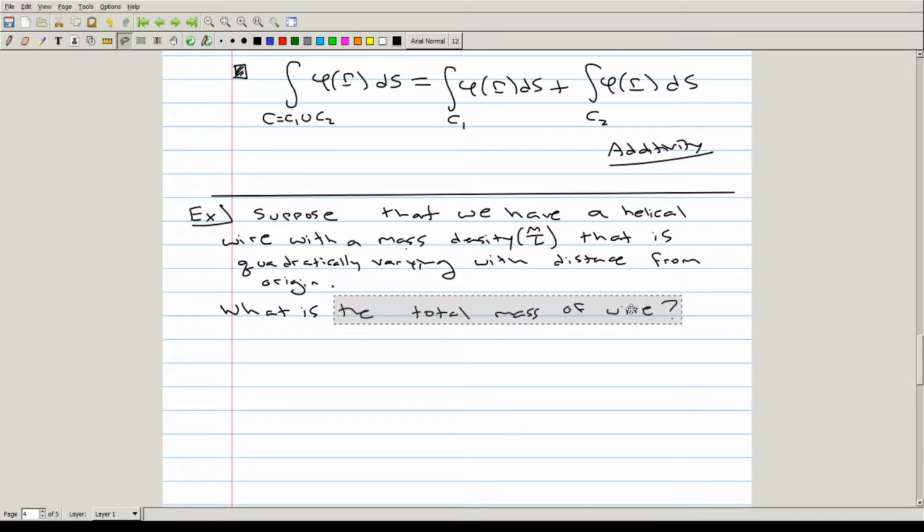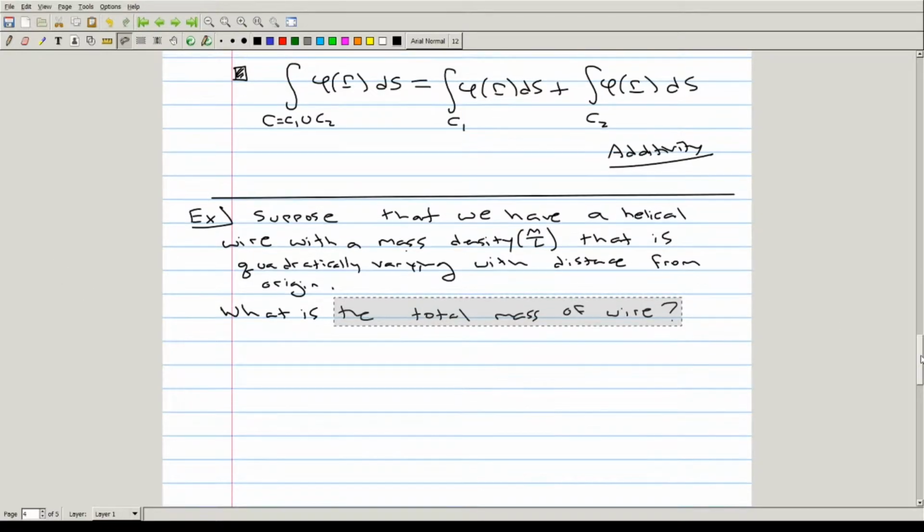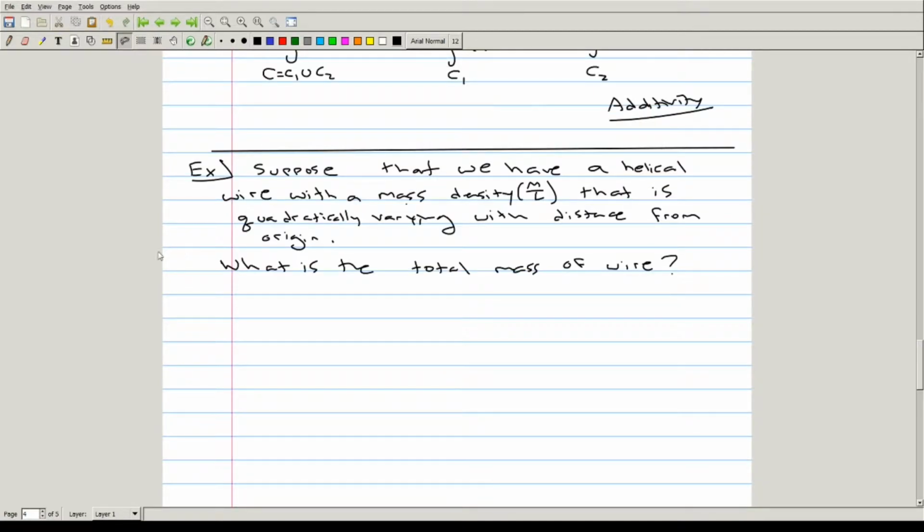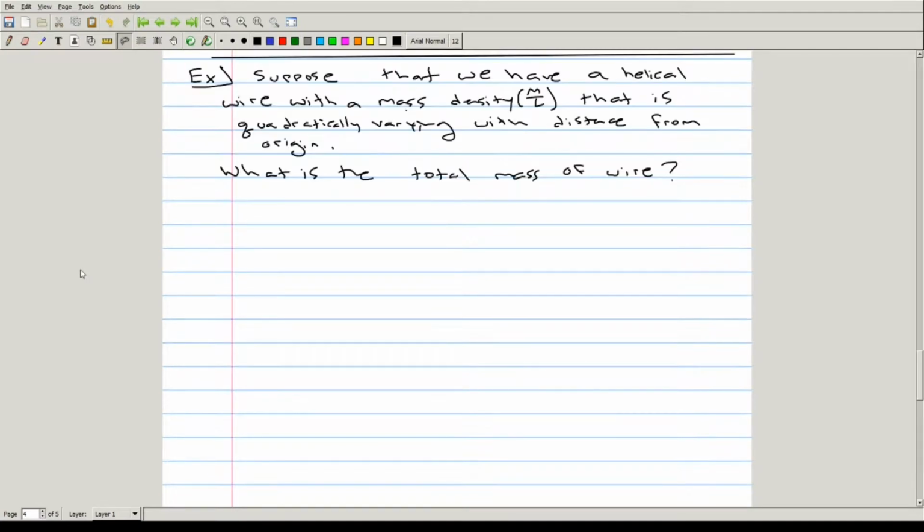But by the way, this example could be word for word replaced with an example from electromagnetism. We are asking for the total charge of the wire. And honestly, wherever else you could come up with an example where you have a density function, or some function of something per unit length, you could use that as an example here. So it's a very, very important idea.